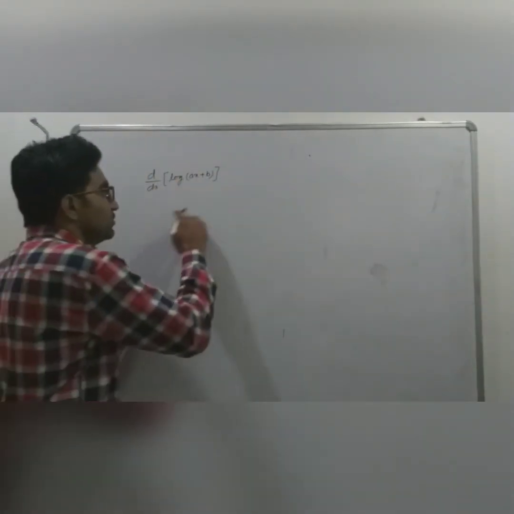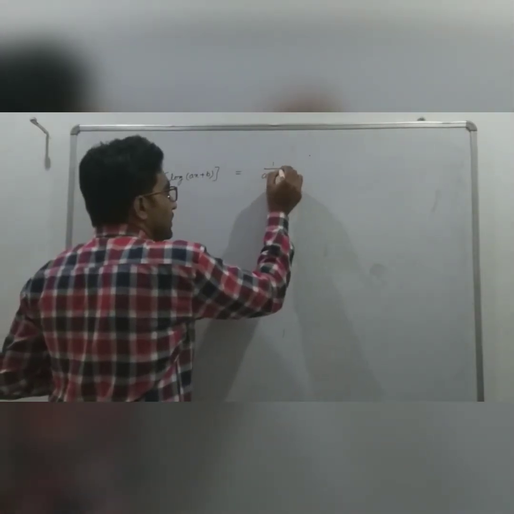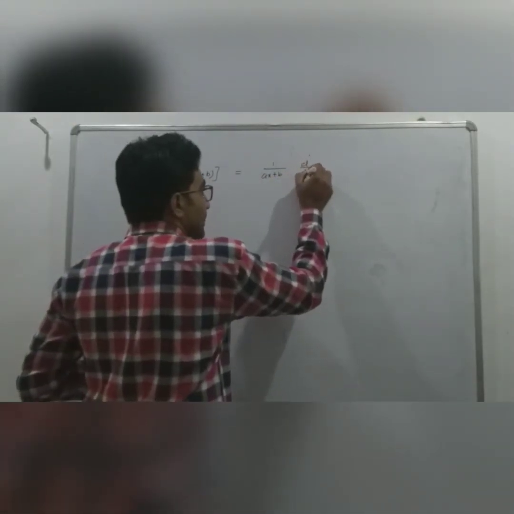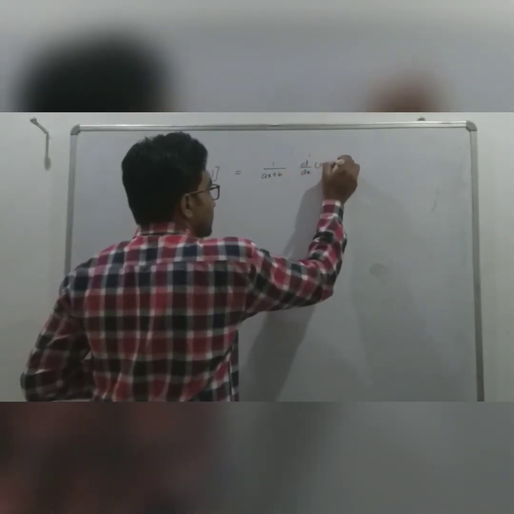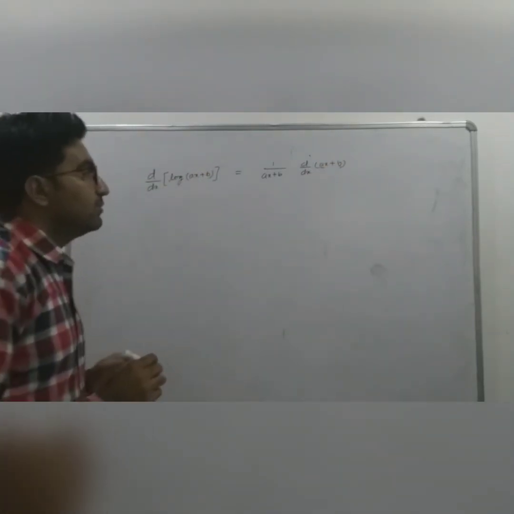It will be equal to 1 by ax plus b, and again we have to differentiate ax plus b, d by dx of ax plus b. Here a and b are constants.